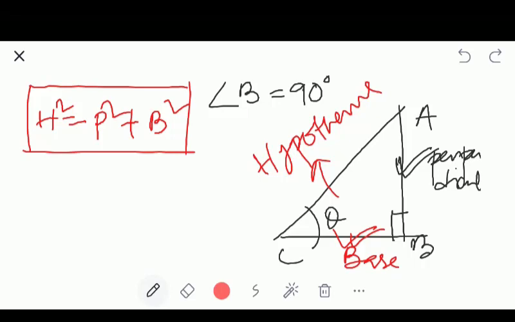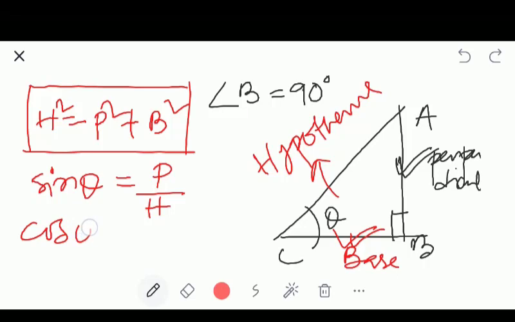If we find the sine of theta, sine is a trigonometric function that denotes the ratio of two sides. What are the two sides? Sine theta is equal to the ratio of perpendicular and hypotenuse. Next, another ratio is named cos theta.